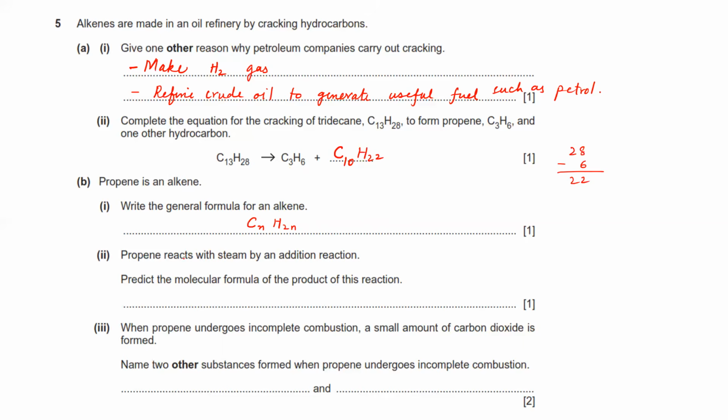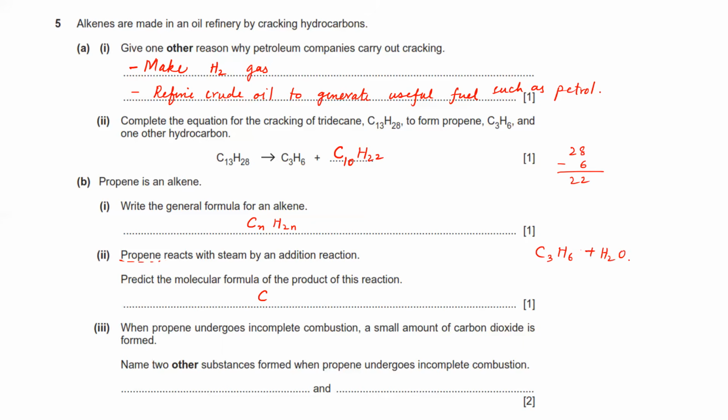So it says propene reacts with steam by addition reaction. Predict the molecular formula for the product of this reaction. So addition reaction adds oxygen to this. So this is propene, which is C3H6, and it comes with an addition reaction.